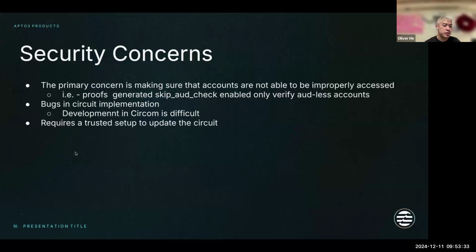And then additionally, as mentioned earlier, it requires a trusted setup, and there's a lot of due diligence that has to be done to make sure that we do that properly and with enough trusted parties such that we can trust the new proving key and verification key that's generated from it.